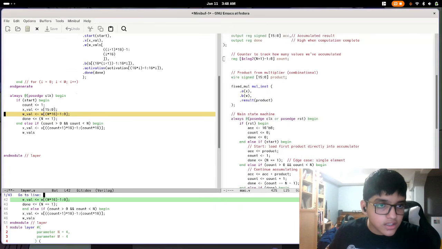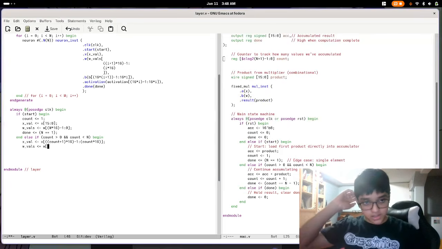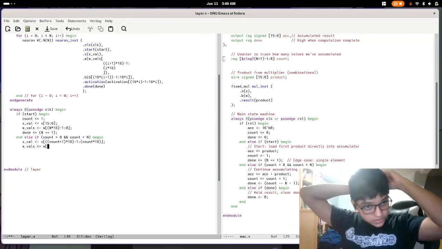This is incorrect. Then this is equal to weights.